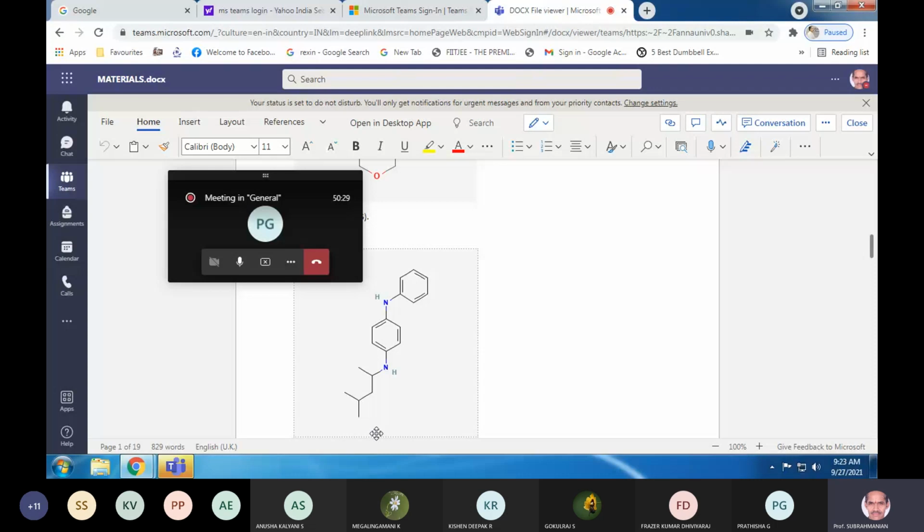In the order of addition, some of these anti-degradants can make the rubber pre-active. What does it mean? They can promote scorchiness. These anti-degradants can make the compound scorchy.